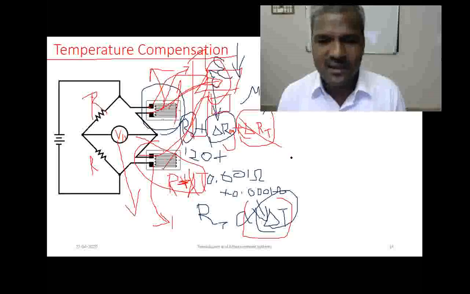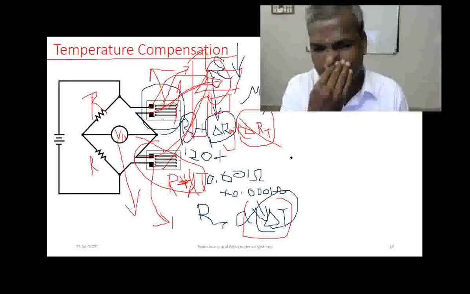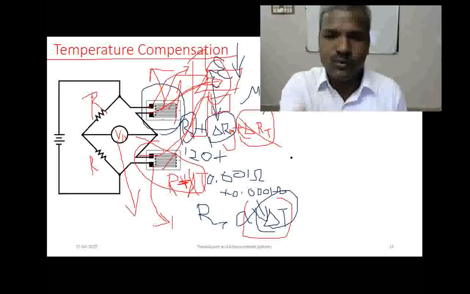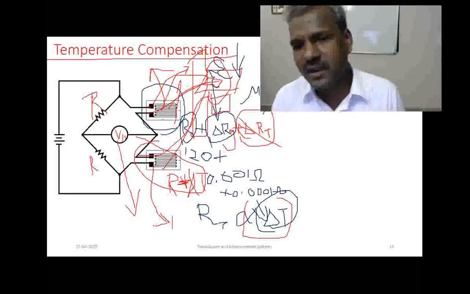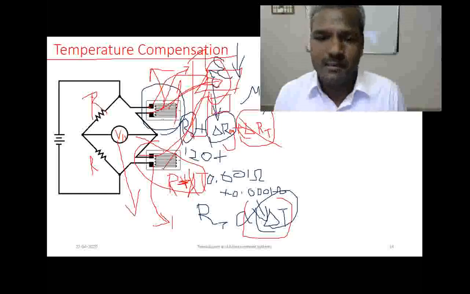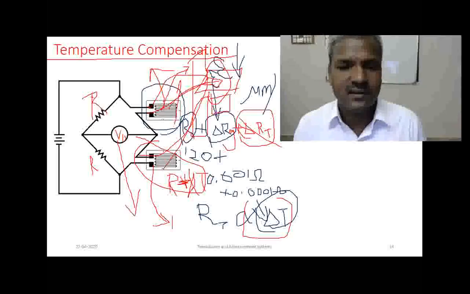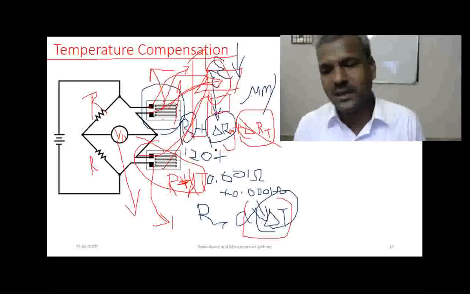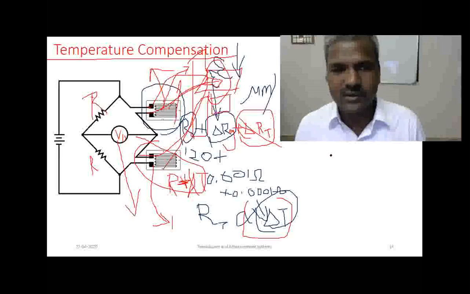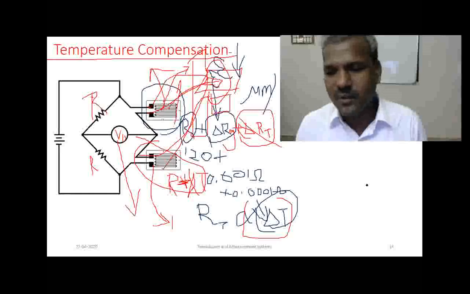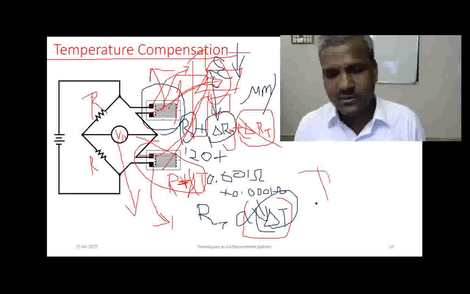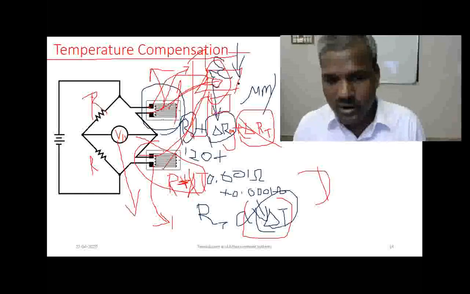Dummy gauges are not bonded over the process; they are exposed near to the process. They are mainly intended for temperature compensation of the strain gauge circuitry. This is about temperature compensation, for which dummy gauges are mainly used, and they are not bonded over the process.